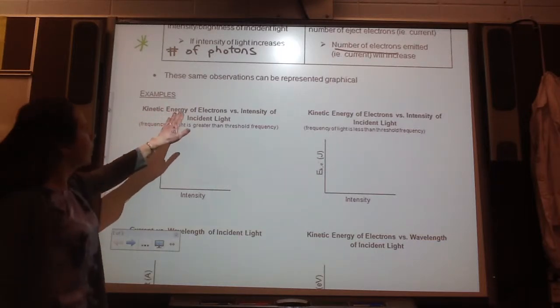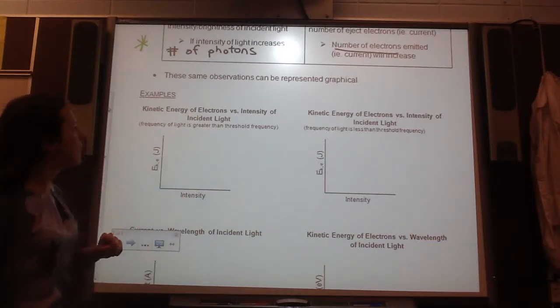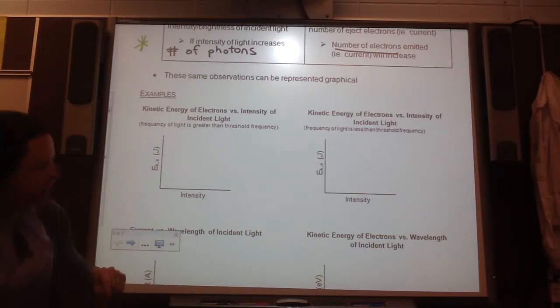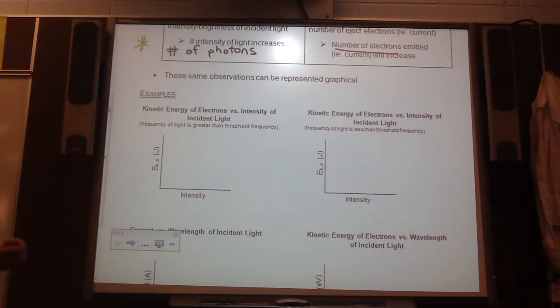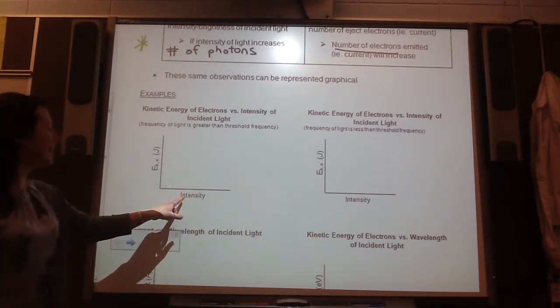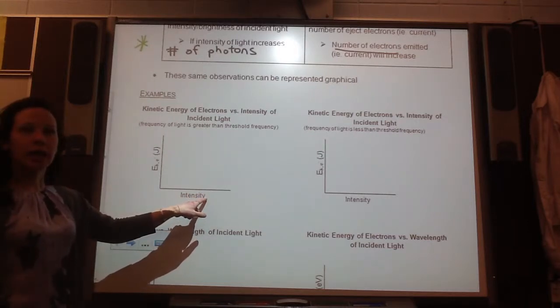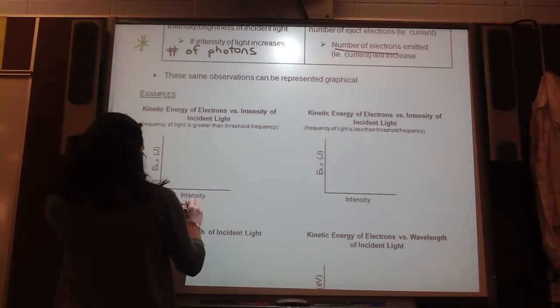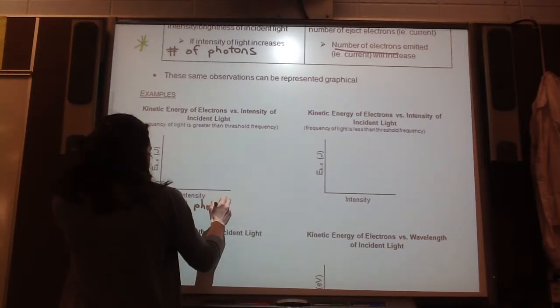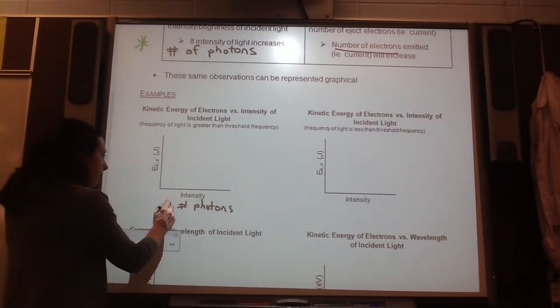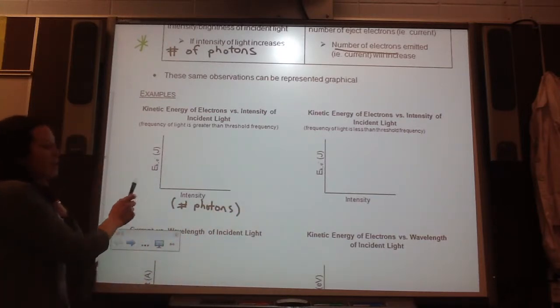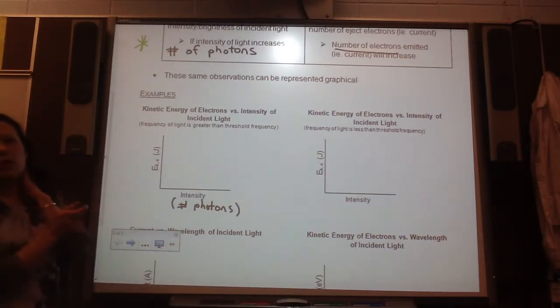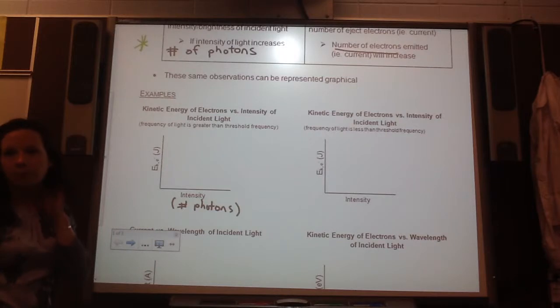So this is kinetic energy of electrons versus intensity of the incoming light. If the intensity of light increases, so that's the number of photons, I'm going to put that down to help me remember what that is. Say intensity increases, will the kinetic energy of the electrons increase, decrease, or stay the same?